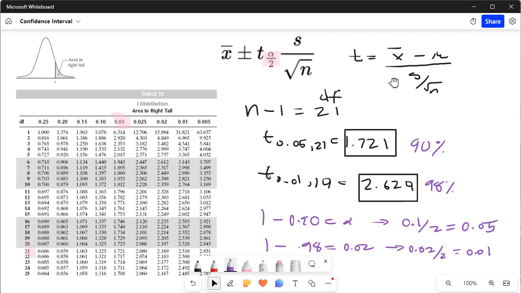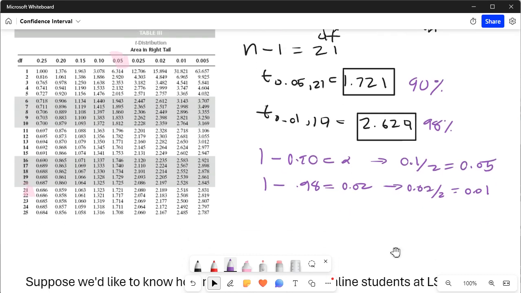If we had a t-distribution and we were dealing with a small sample size, then we could probably find the probability of a specific event given the standard deviation, the sample size, and also the sample mean.